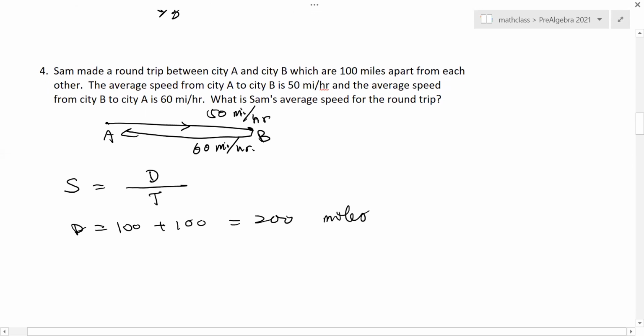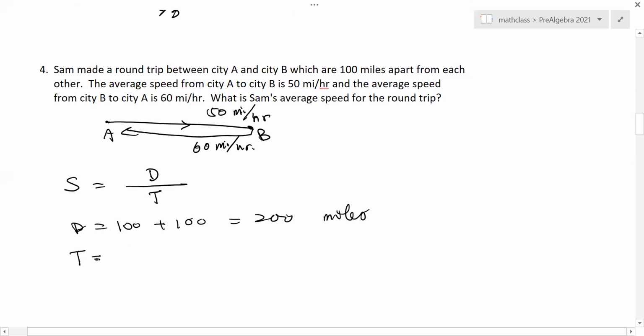The time you have to calculate. First, it's 100 miles divided by 50, that's the time traveling from city A to city B. And the second one is 100 divided by 60 miles per hour.